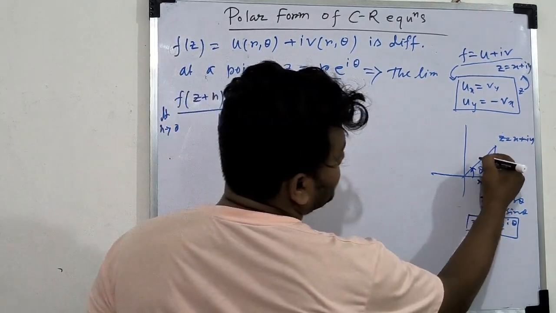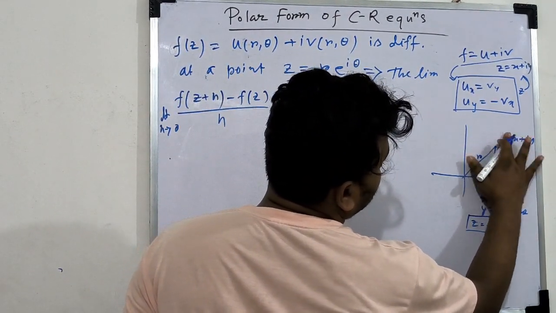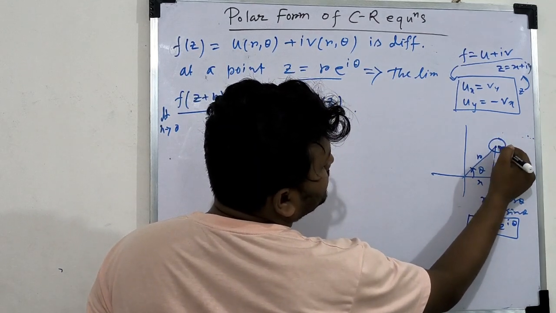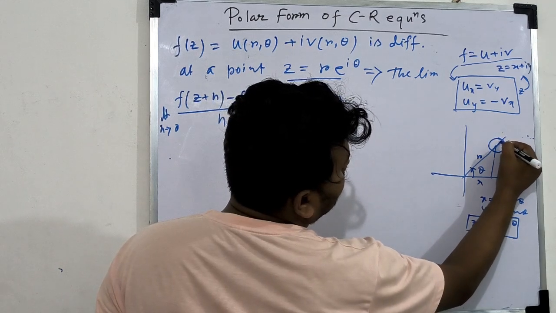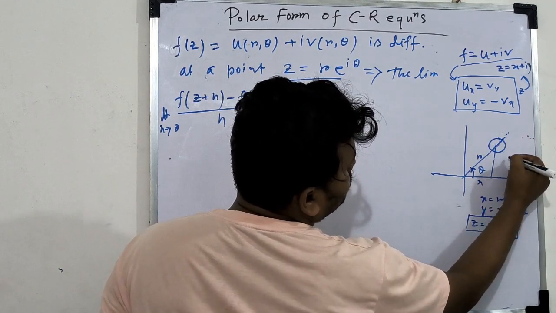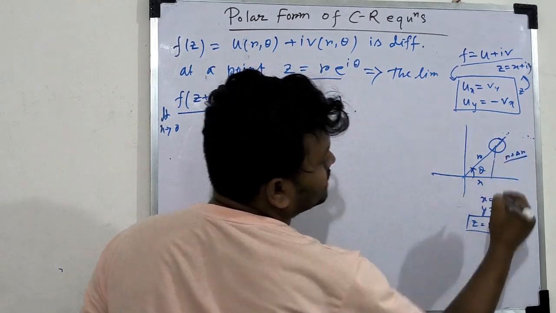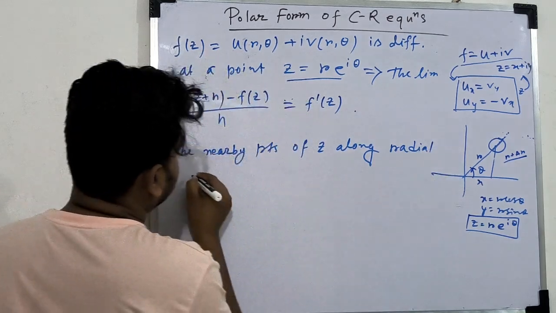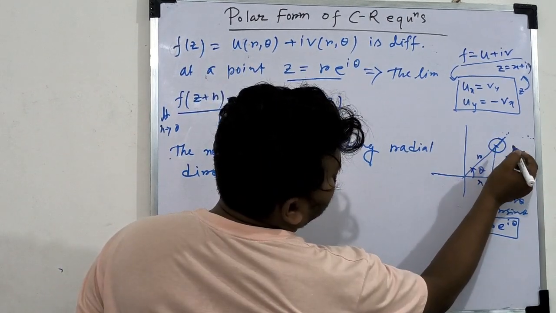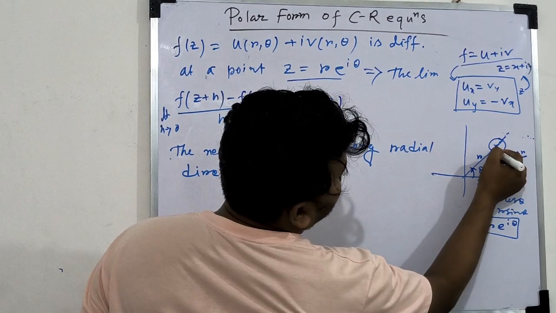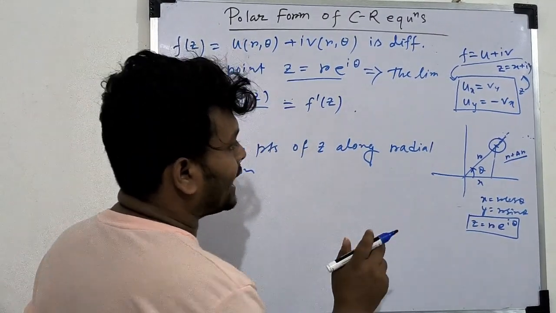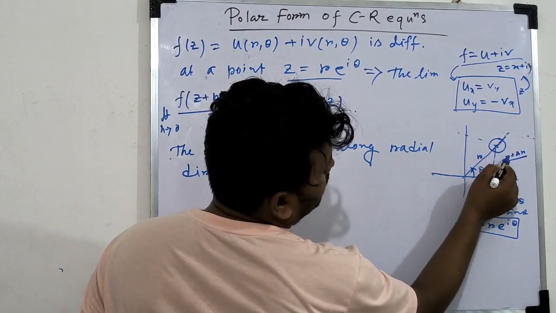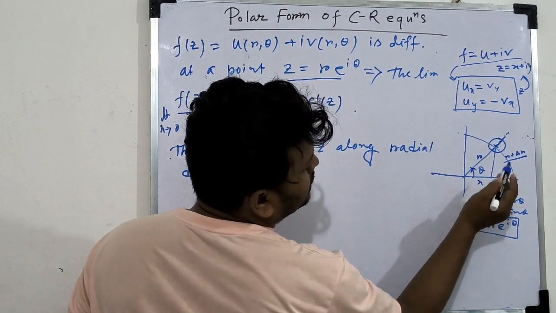So now this is r and this is z. We choose a point near this z along the radial direction, that is on this r, so r will be r + Δr. Therefore the nearby points of z along the radial direction, that is the radius. If we draw a circle, this is the radius.